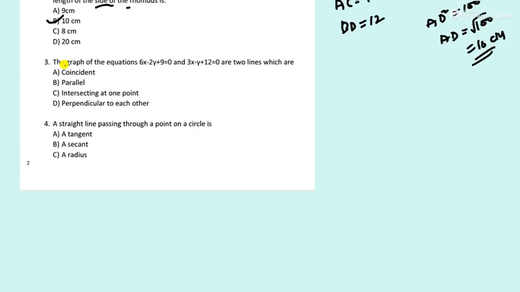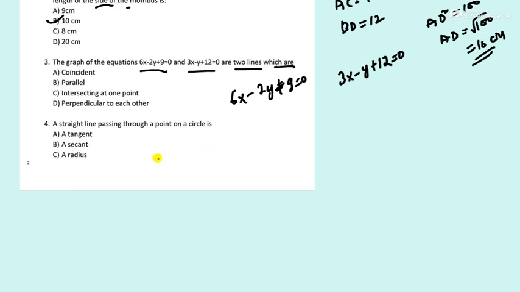It's here only. See, the graph of the equations, here two equations are given, the lines will represent what, whether they are coincident, parallel, intersecting or what. So you have to write this first. 6x minus 2y plus 9 equals 0, and 3x minus y plus 12 equals 0.